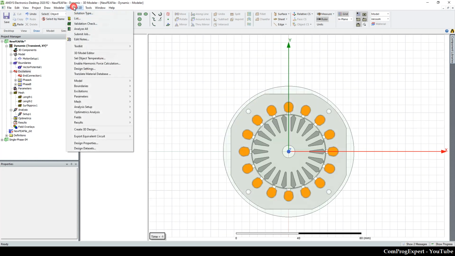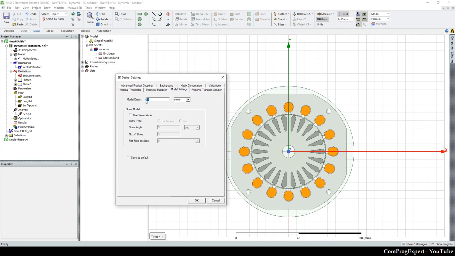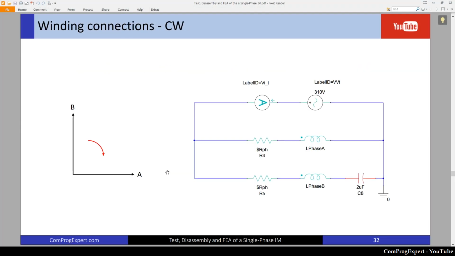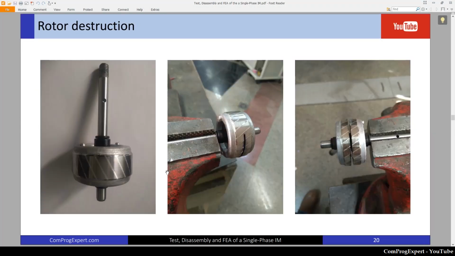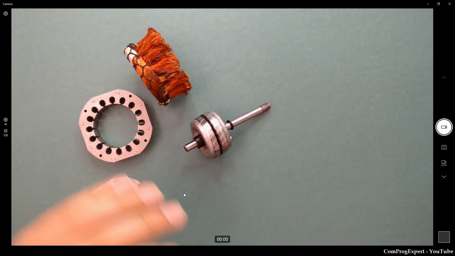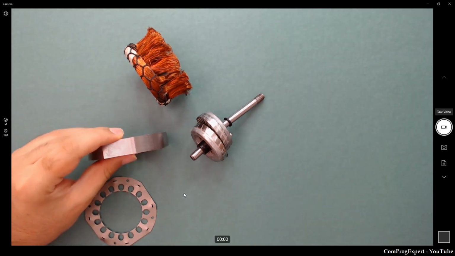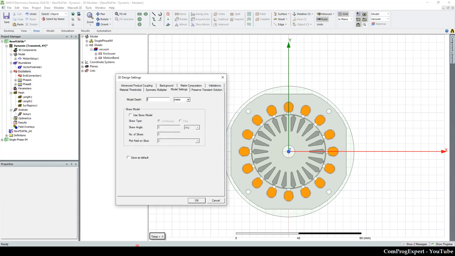From Maxwell 2D, design settings, model settings, I should set the model depths. What was the value of the stack lengths? The stack length is 16, right? The stack length of the stator core and rotor core is equal to 16 millimeters.